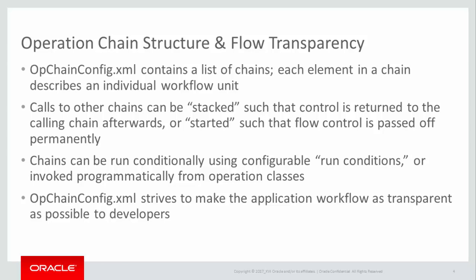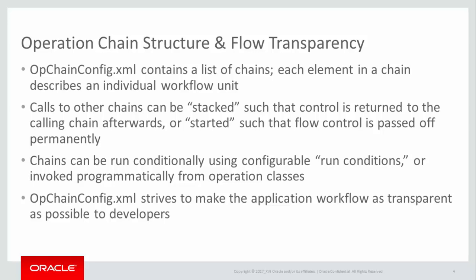The default behavior, if you just tell the OpChain processor that your operation is complete, would be just to move on to the next operation in the chain. But you could alternately do things like tell the OpChain processor, based on some conditional logic, to go run some other chain. There's a lot of ability and flexibility that you have as a developer, not only through configuration of the OpChainConfig.xml file, but also when you're coding your own operation classes.